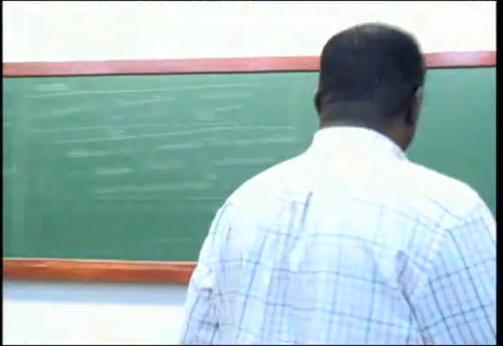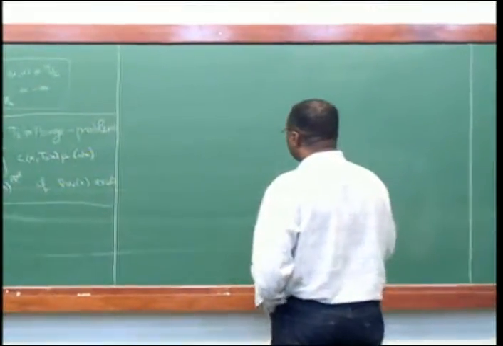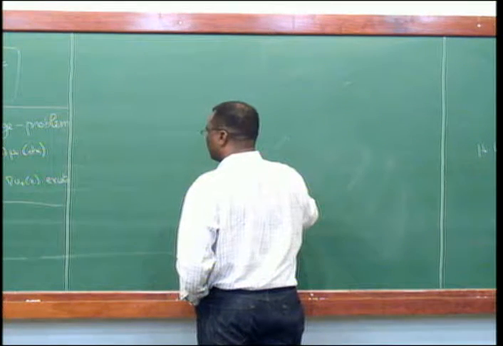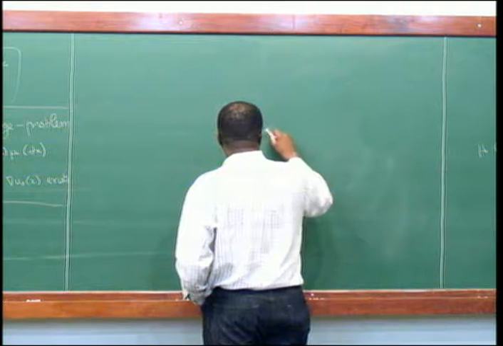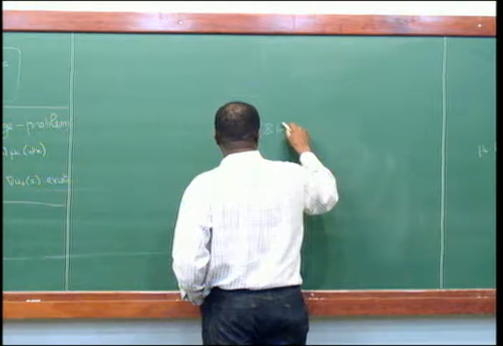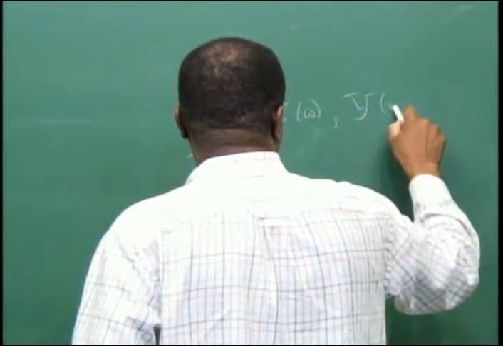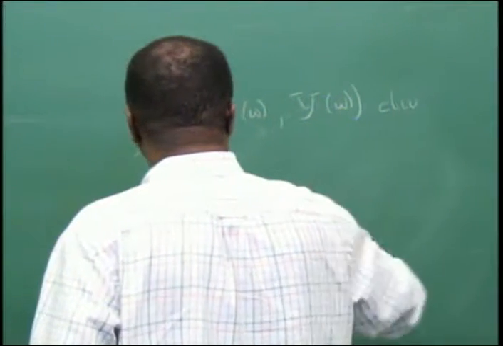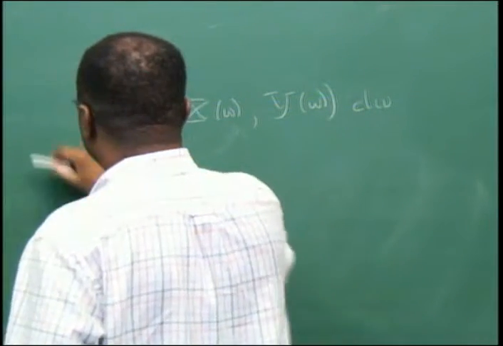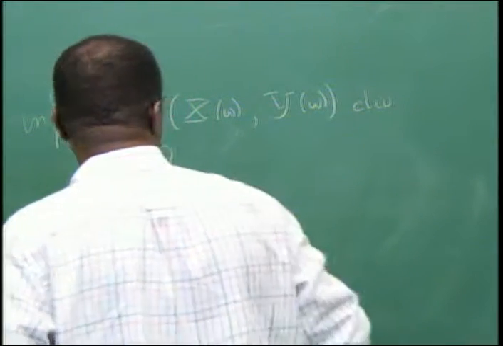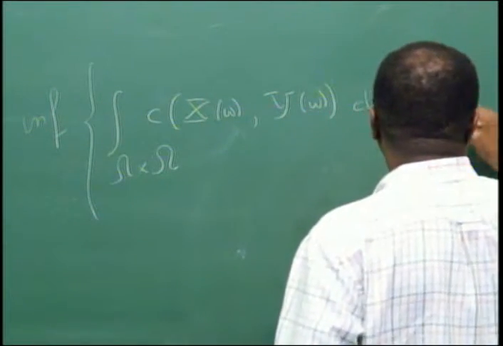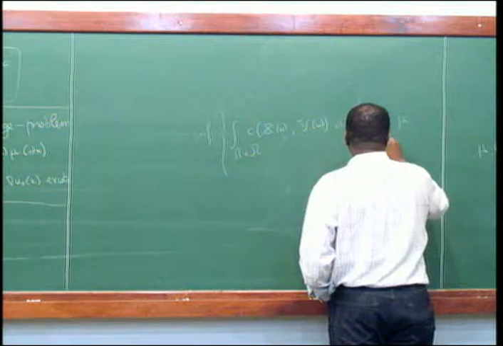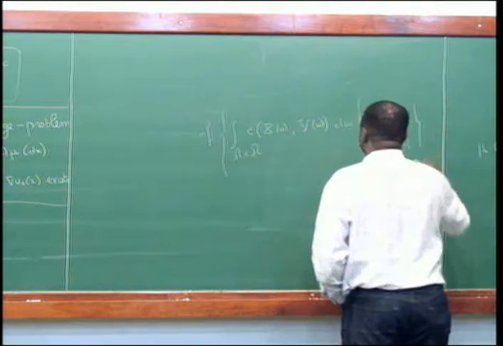Yes. So the relation with coupling is, instead of what I wrote here, I can write the integral of c of a random variable x of w, y of w, dw, the infimum of this, subject to the condition that the random variable x has mu naught as a law, and the random variable y has mu1 as a law.